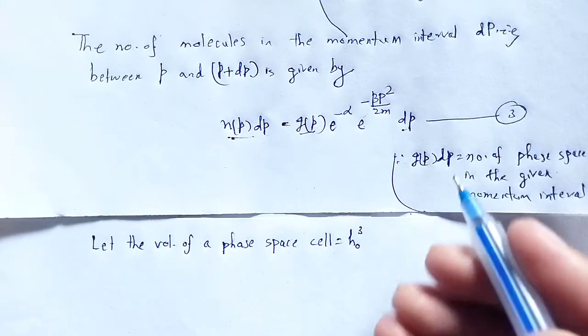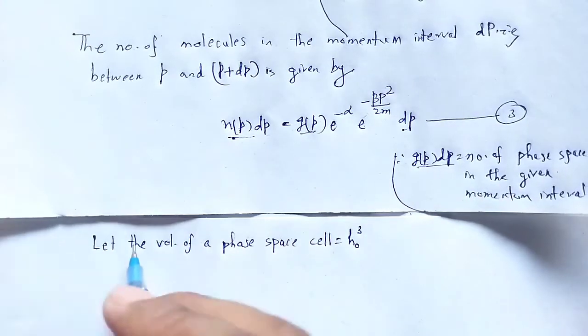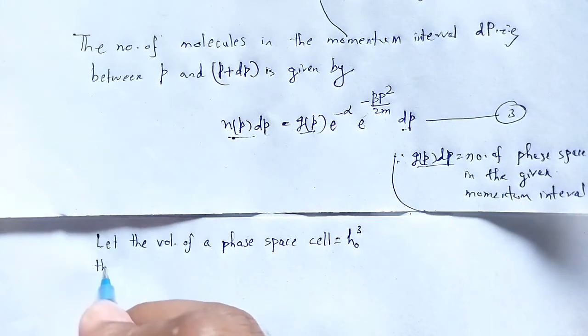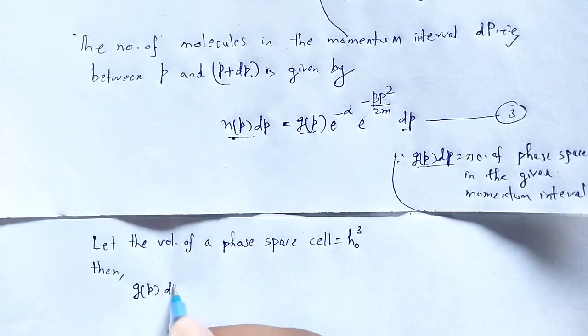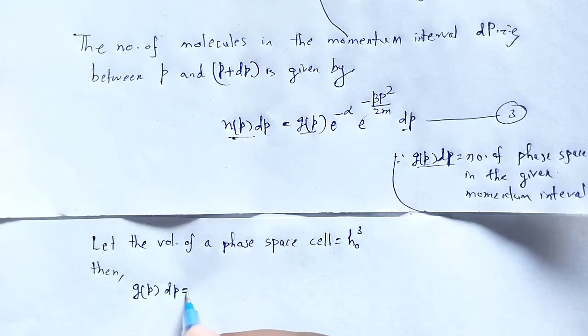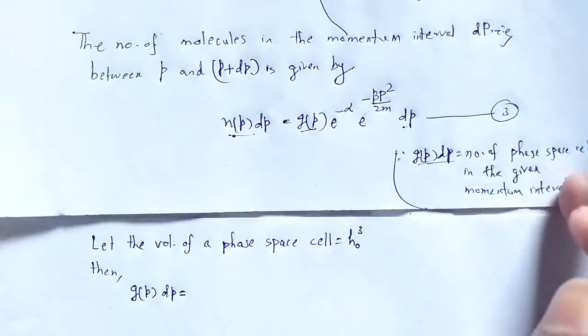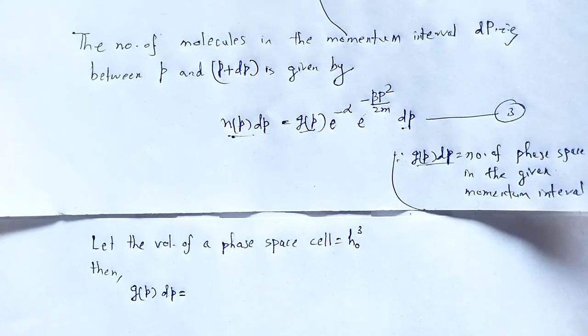Then according to our definition, G p dp is the number of phase space cells in the momentum interval dp.